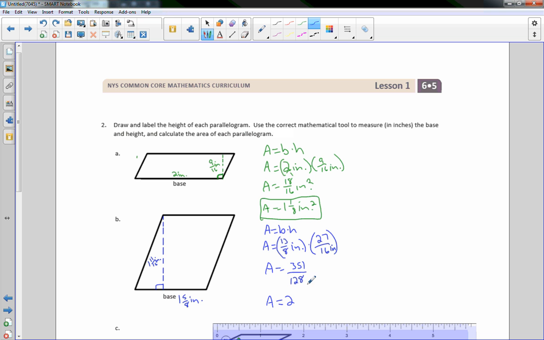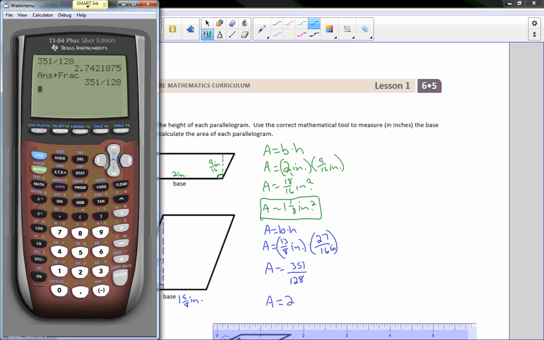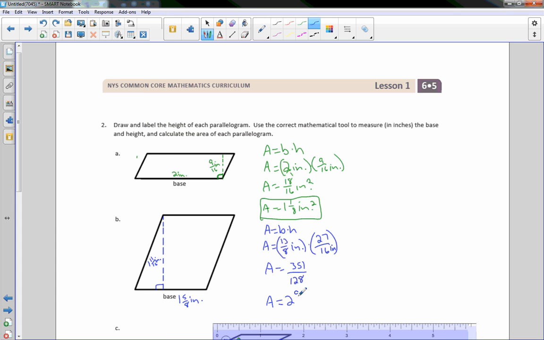And my remainder is 128 times 2 is 256. So 351 minus 256 is 95. So it's 95 over 128.